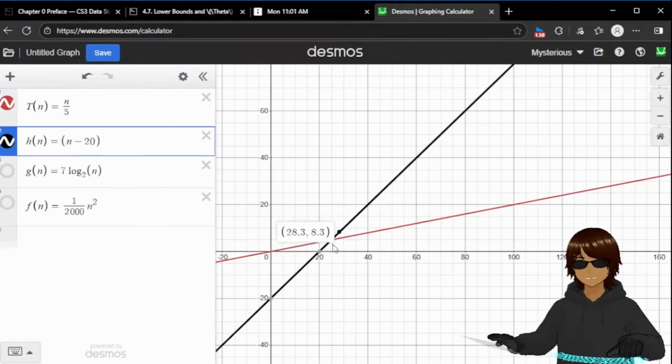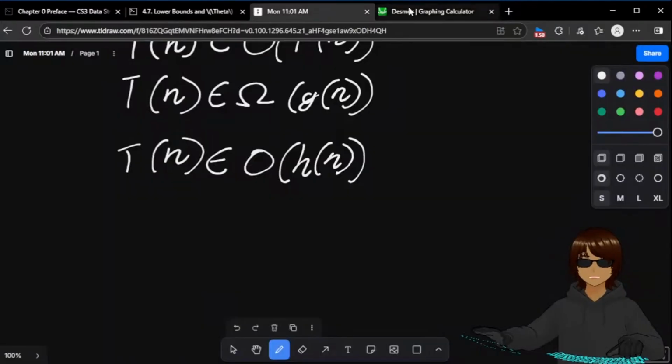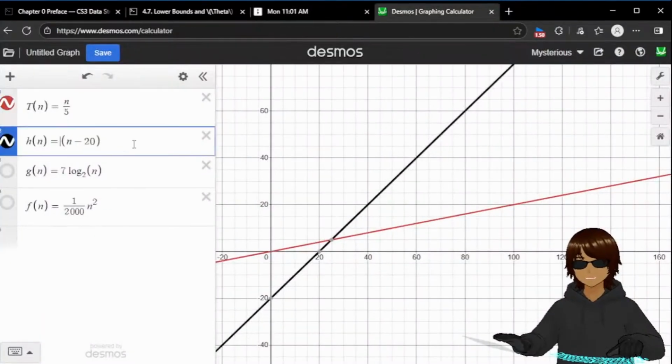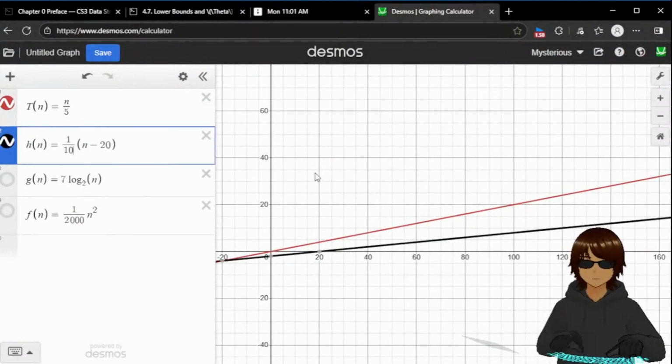I can stretch this function in a way that this black line surpasses T(n). Similarly, I can shrink this function in such a way that T(n) surpasses h(n).